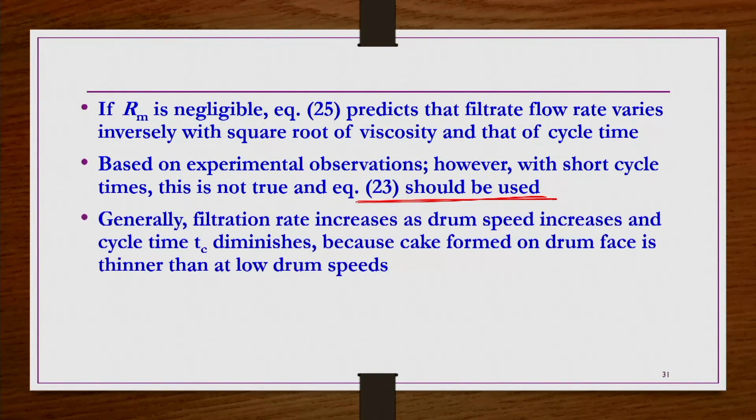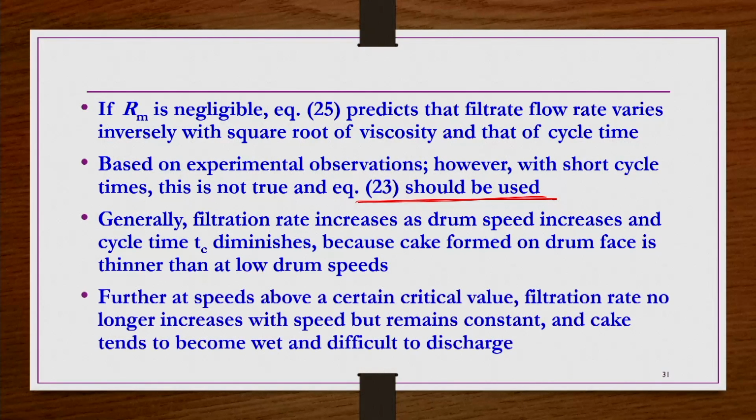Generally filtration rate increases as drum speed increases and cycle time Tc diminishes, because the cake formed on the drum face is thinner than at low drum speeds. Further, at speeds above a certain critical value, filtration rate no longer increases with speed but remains constant, and the cake tends to become wet and difficult to discharge.